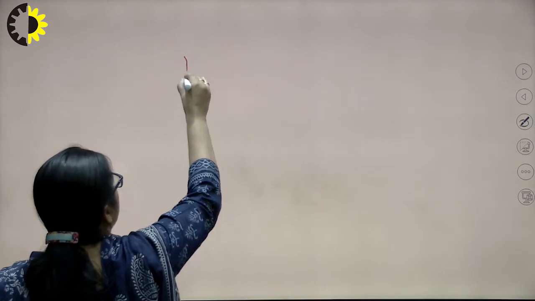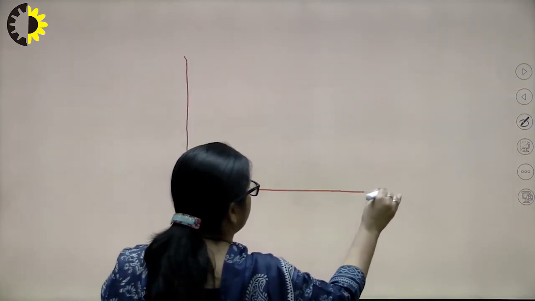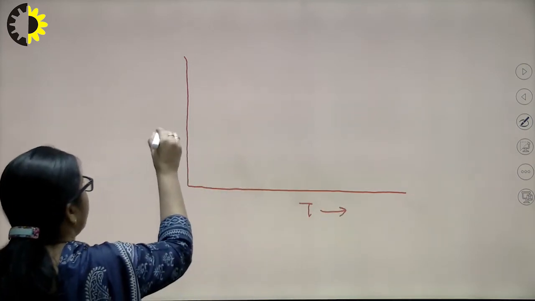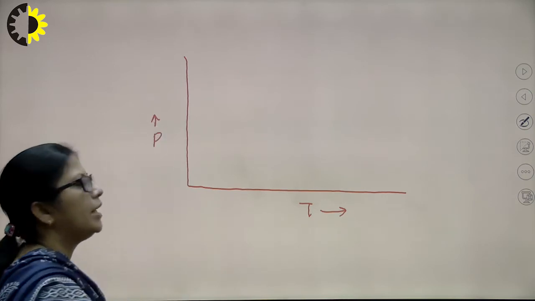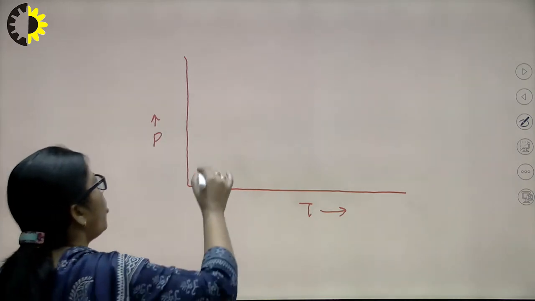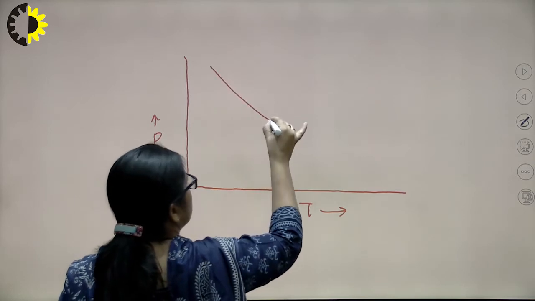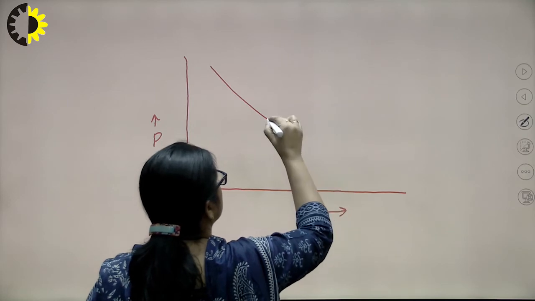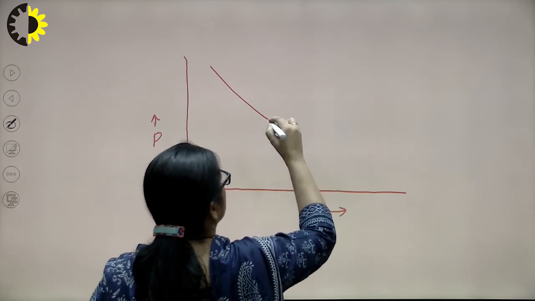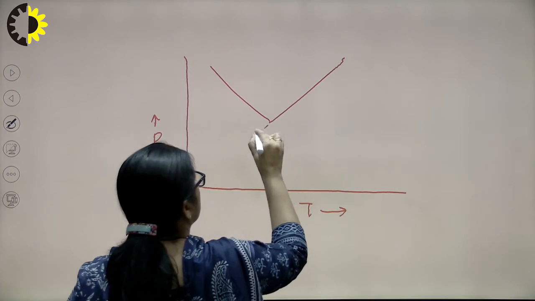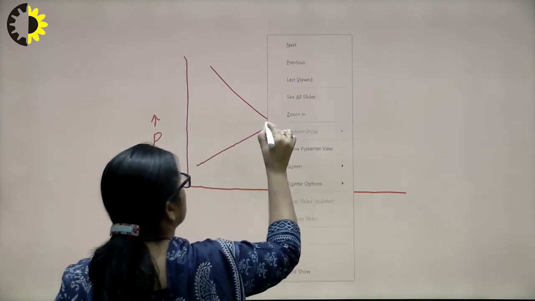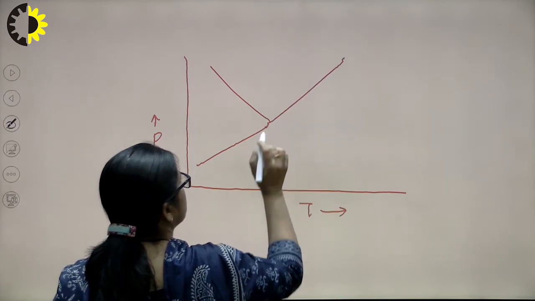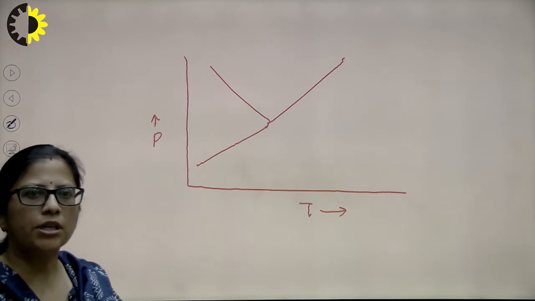If I make the temperature-pressure diagram for the water system, this is the variation of temperature in degrees centigrade and variation of pressure in atmospheres. This is the diagram for the water system.